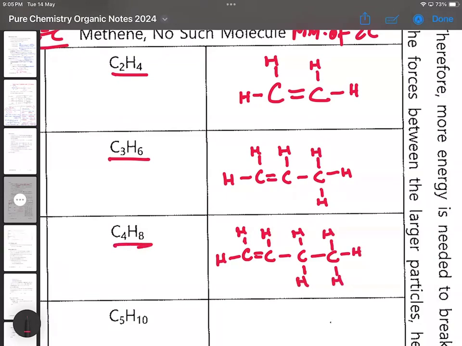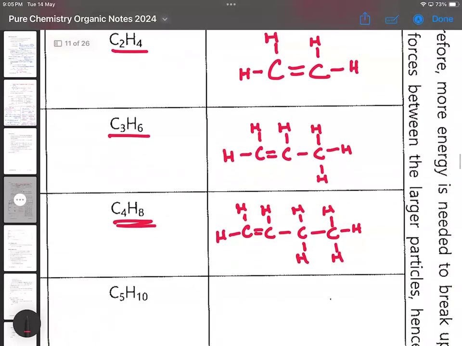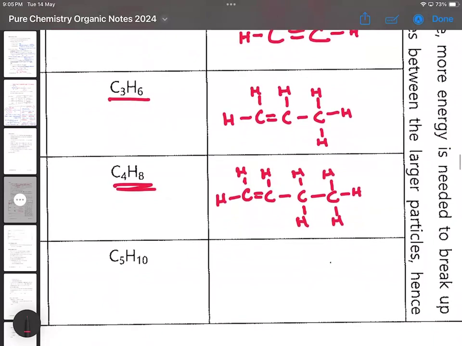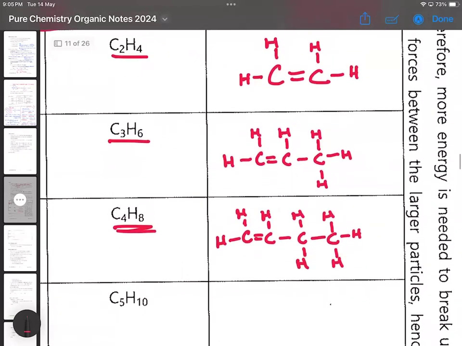And you can see that it fits your C4H8. The number of bonds per atom is correct. The total number of carbon and hydrogen atoms is correct. Okay, so the same goes for the rest of the structures.